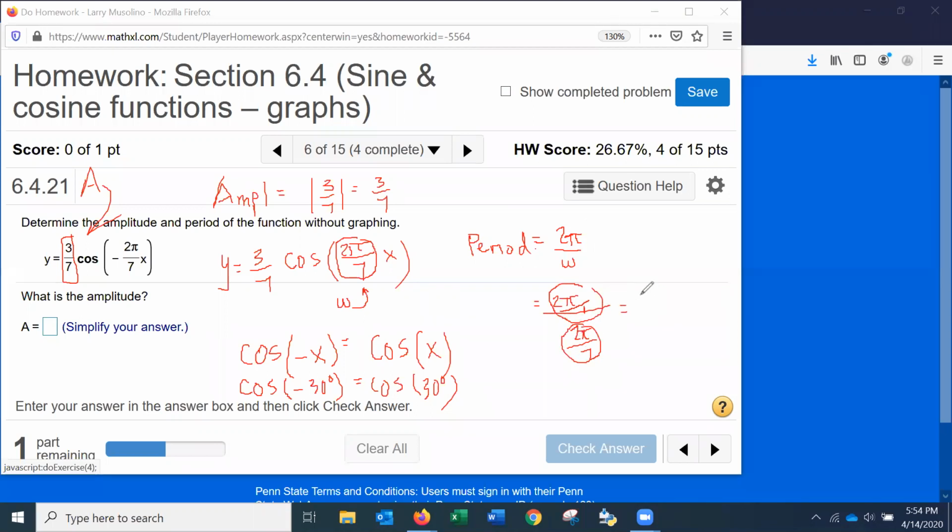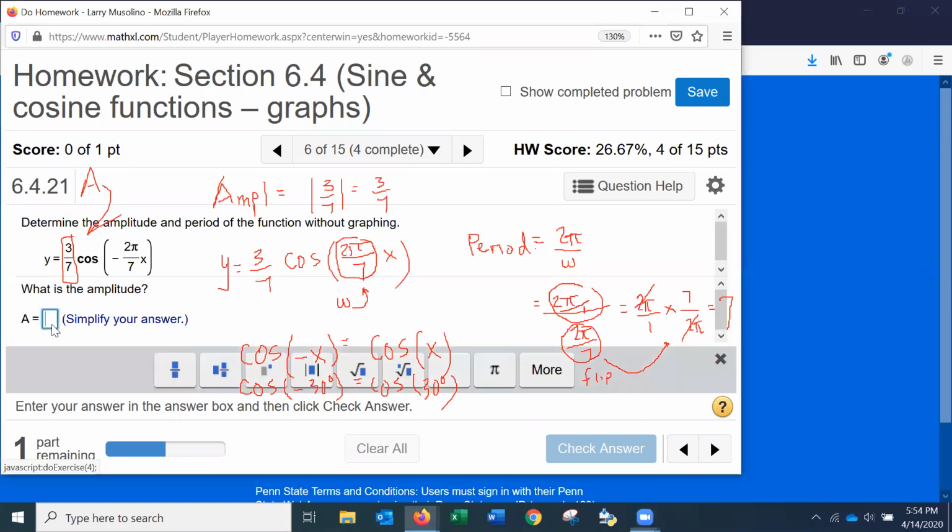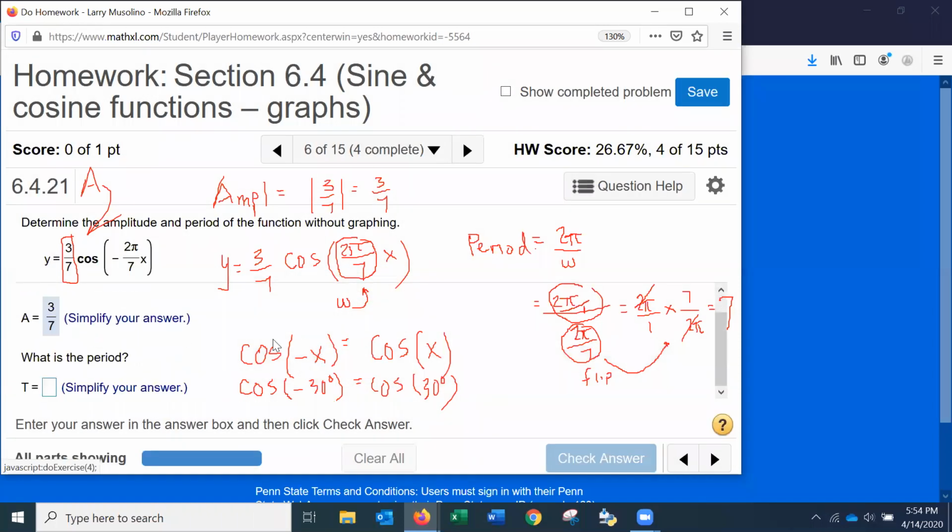The way you divide fractions is you keep the top fraction as is, change to a multiplication, and flip or invert the second fraction upside down. So I'm going to make that 7 over 2 pi. When I do that, the 2 pi's cancel out top and bottom, so I'm left with just 7. So it looks like the amplitude is the fraction 3 over 7, and the period we figured out is just 7.